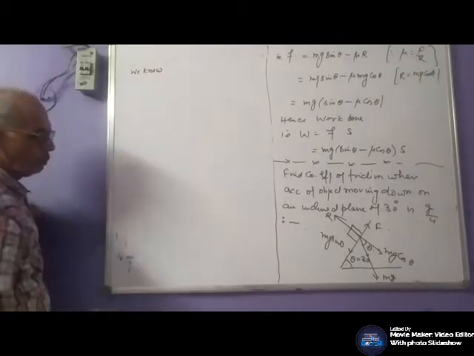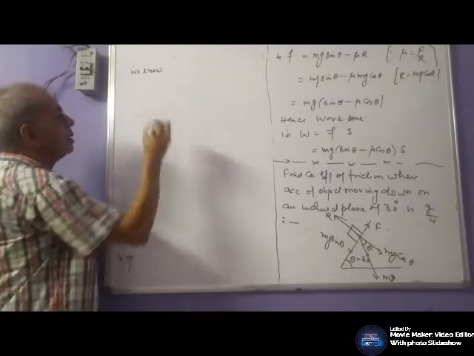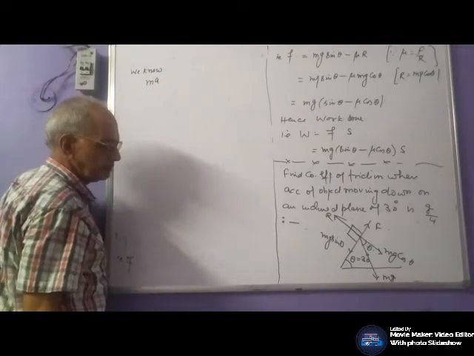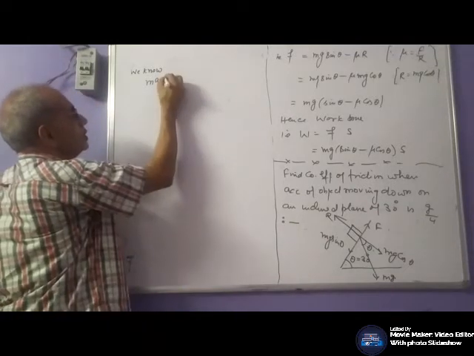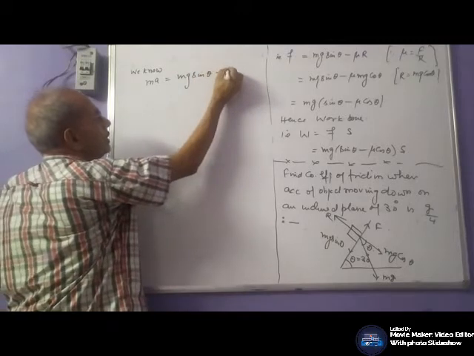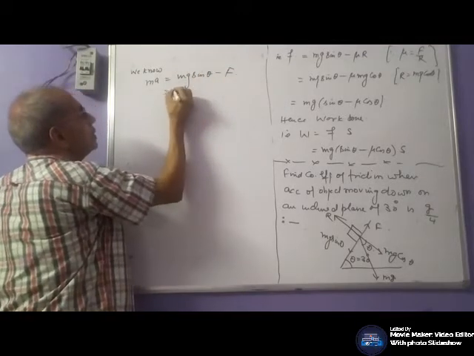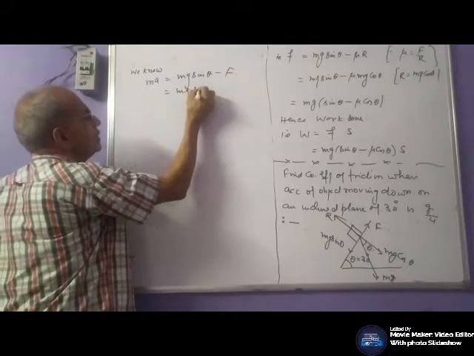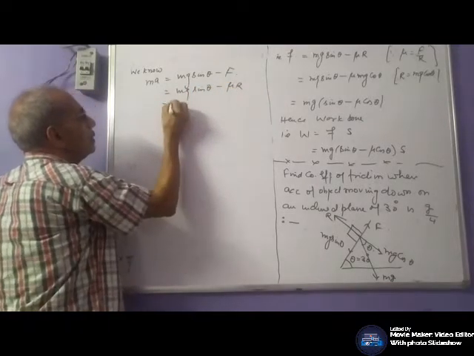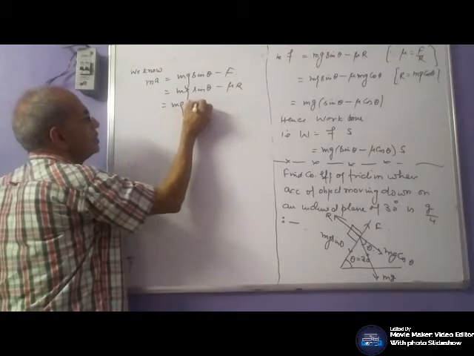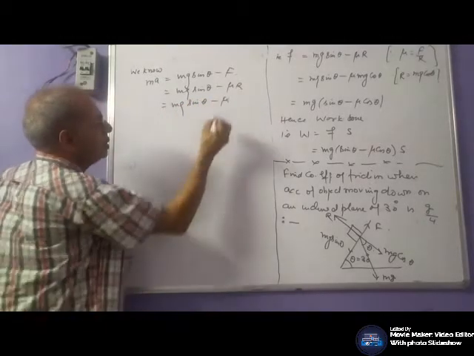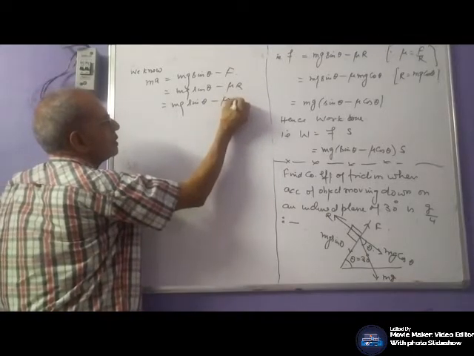We know downward force, if a is acceleration, is mg sin theta minus F. mg sin theta, F is mu R. mg sin theta minus mu R, R is mg cos theta.